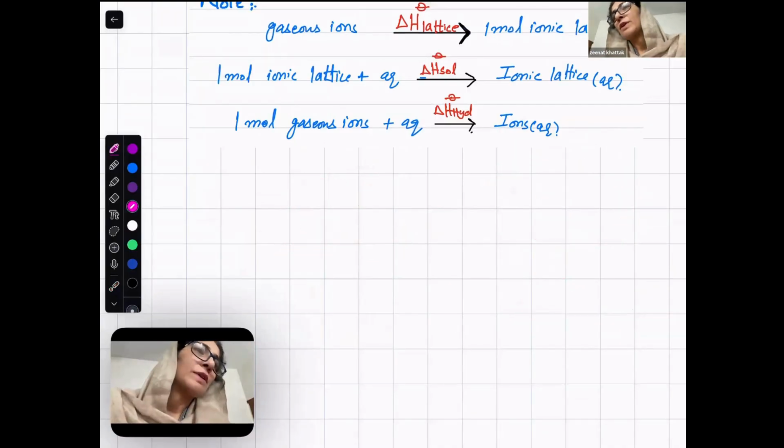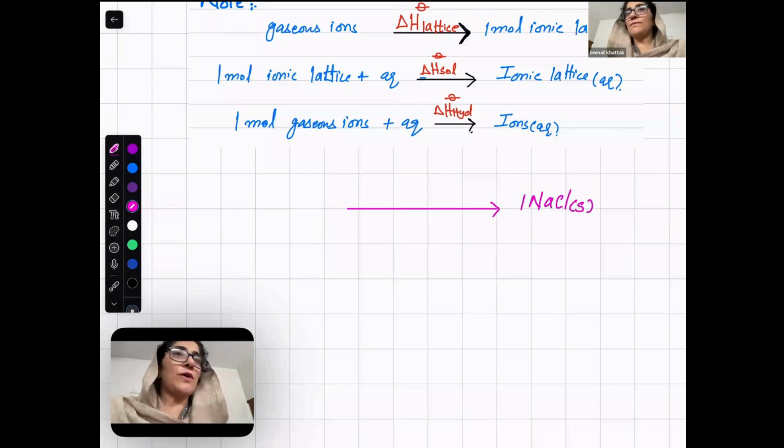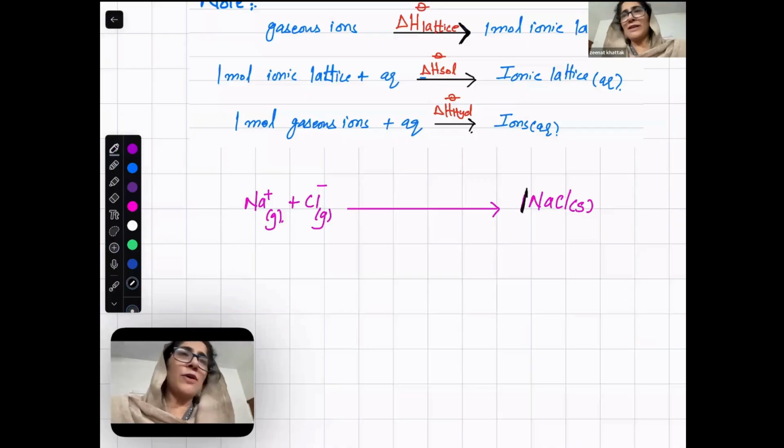You are making 1 mole of NaCl solid from sodium ions and chloride ions. So you are making ionic lattice from its gaseous ions, delta H lattice.